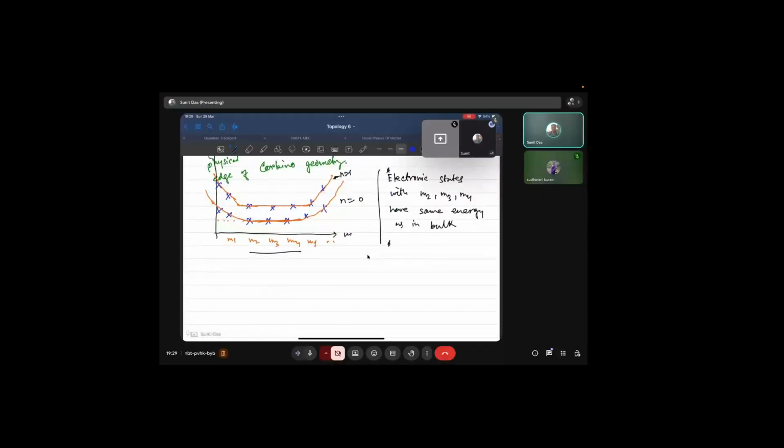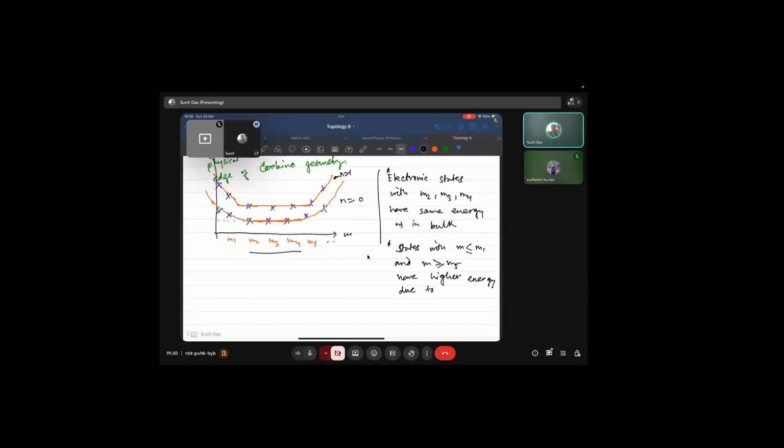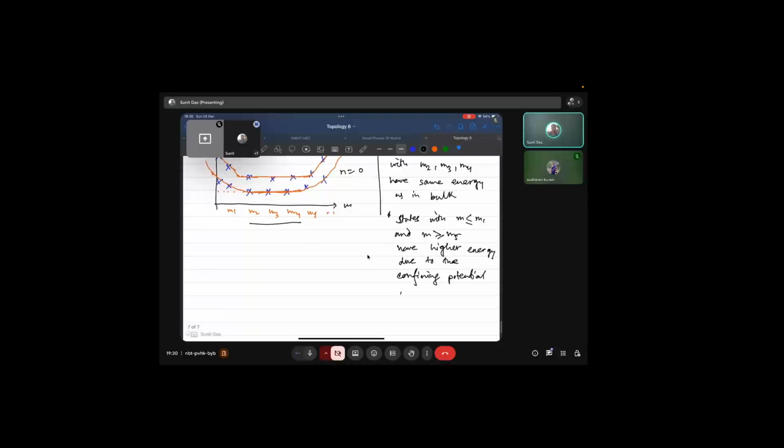And the states with M less than or equal to M1 and M greater than or equal to M5 have higher energy due to the confining potential V of R at the edge.